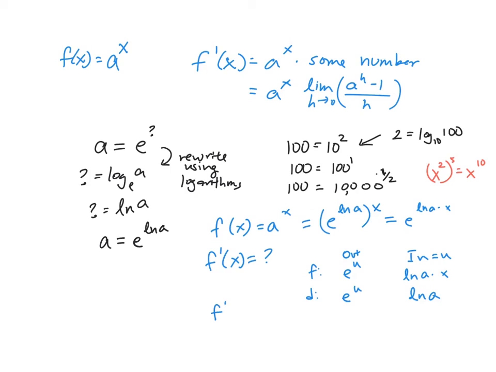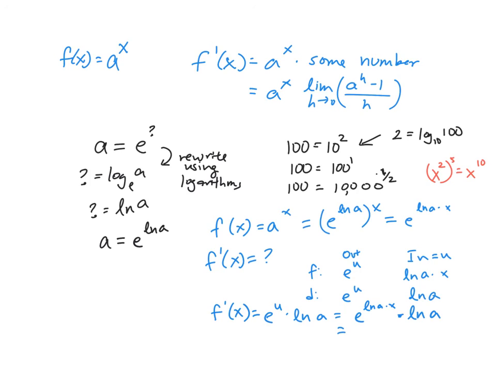So f prime of x would be e to the u times natural log of a. To get it in terms of x, it would be e to the natural log of a times x, times the natural log of a.